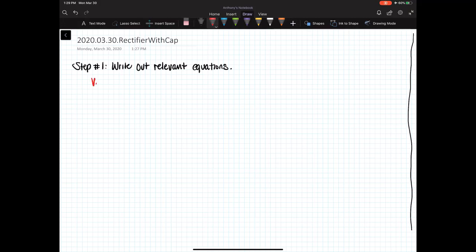We know that V out is equal to R times IL. And we also know that V out is equal to negative R times IC, because if we take this substitution right here, IL is equal to negative IC as given to us by KCL. Okay, we can also make one more substitution here since we have it in front of us.